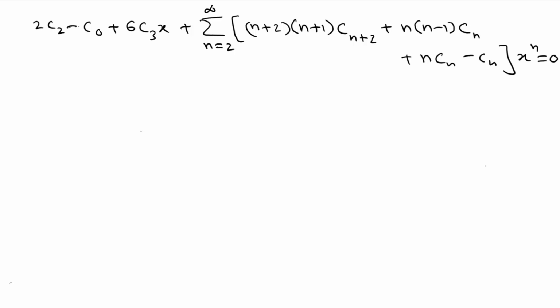We can simplify this a little bit. For example, you can combine these two, and after we do that, you can combine the rest, and then we're going to combine all three.